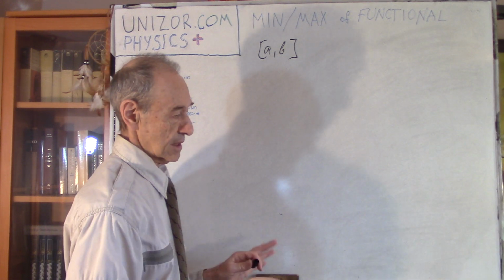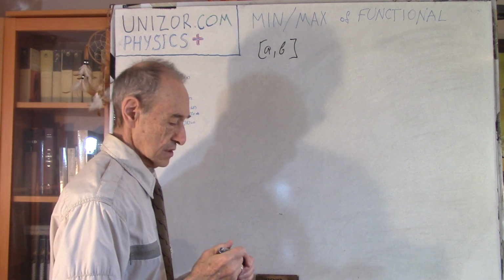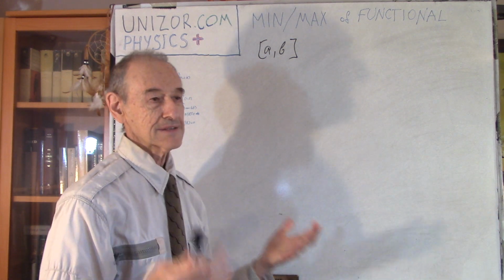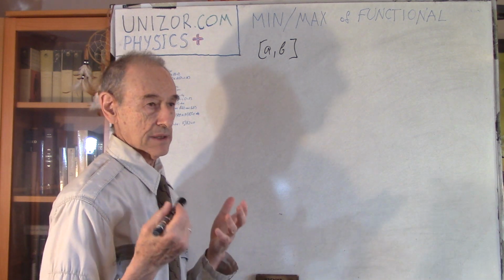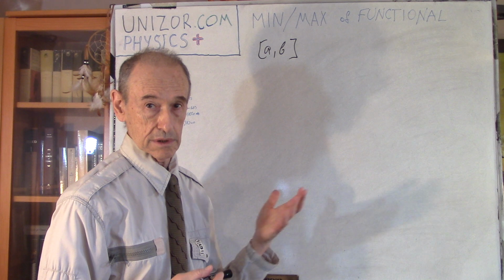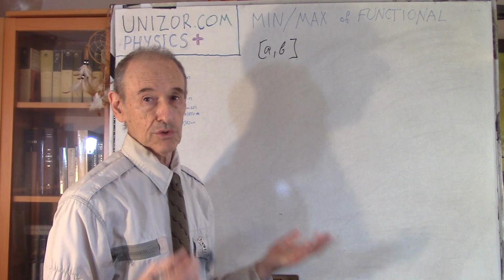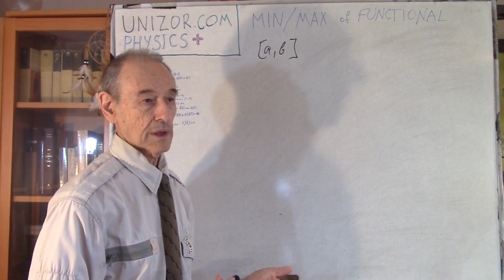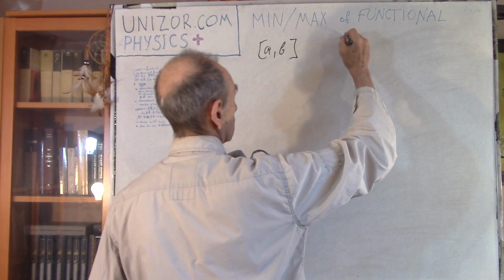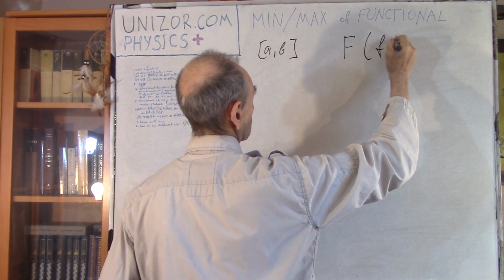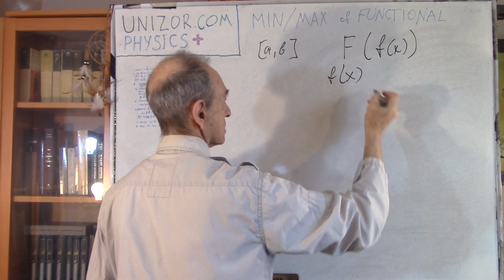Secondly, I would like these functions to comprise a nice set of functions, which means if you have a function as one of the arguments to a functional, I would like this function multiplied by a number to also be part of the domain of this functional. So if you have a functional of f of x, then f of x should be nice.